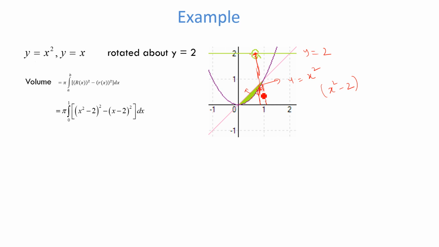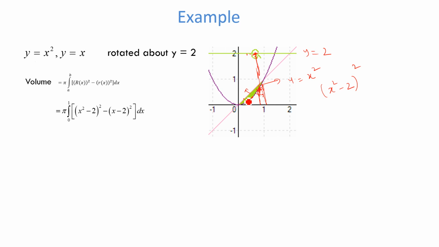The length from this point, that is from this curve to this line, and this is in fact x² minus 2. So since we are going to take the square, this is (x² minus 2)².